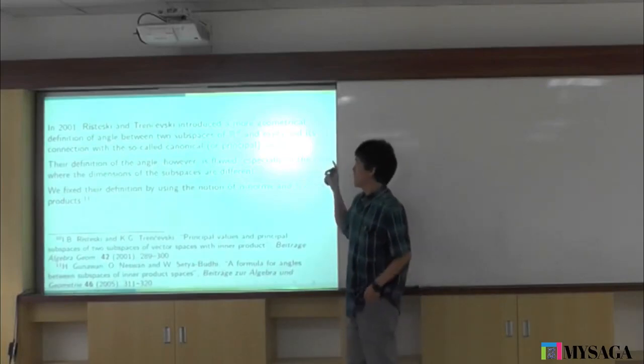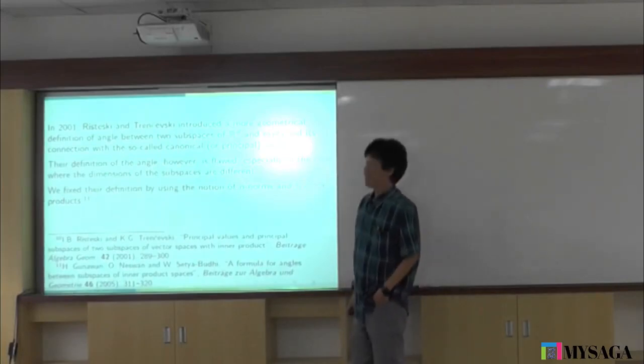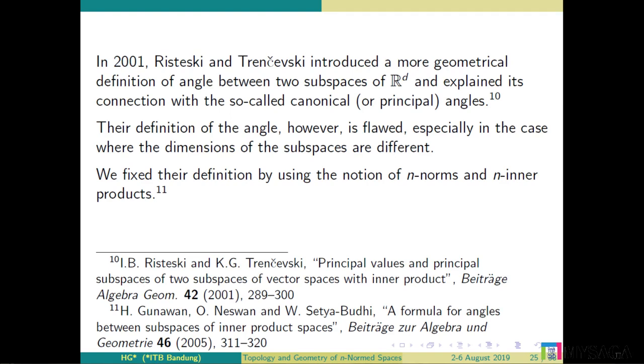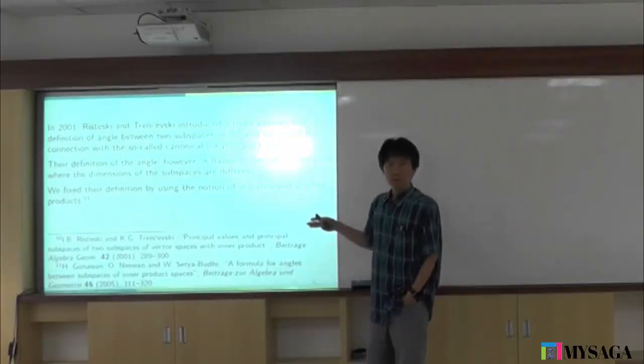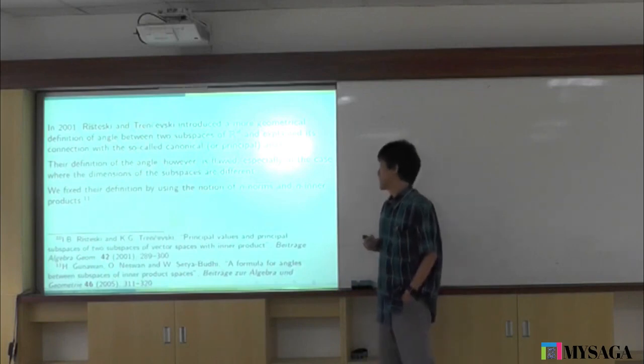And then we discovered that the definition of the angle has some error, especially in the case where the dimensions of the subspaces are different. So we tried to fix that, and we were successful.